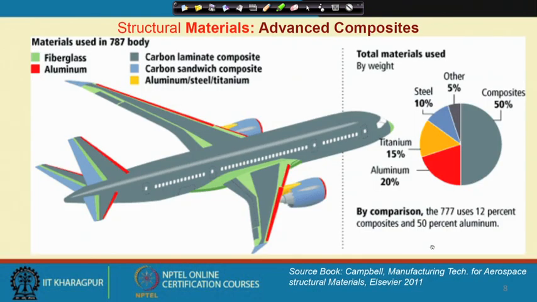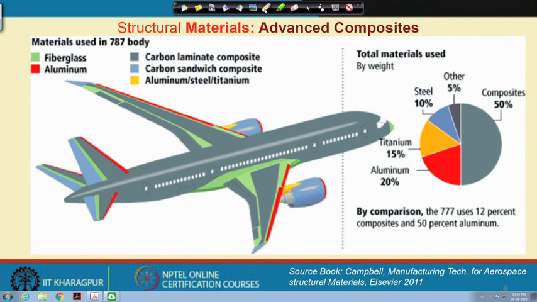Now, let us talk about the composites. And what is the idea of composites these days? Because even for making flights, so many composites are in use. Here I show the conventional aluminum alloys or steel or titanium, which are shown here with yellow color, and pure aluminum is also used.